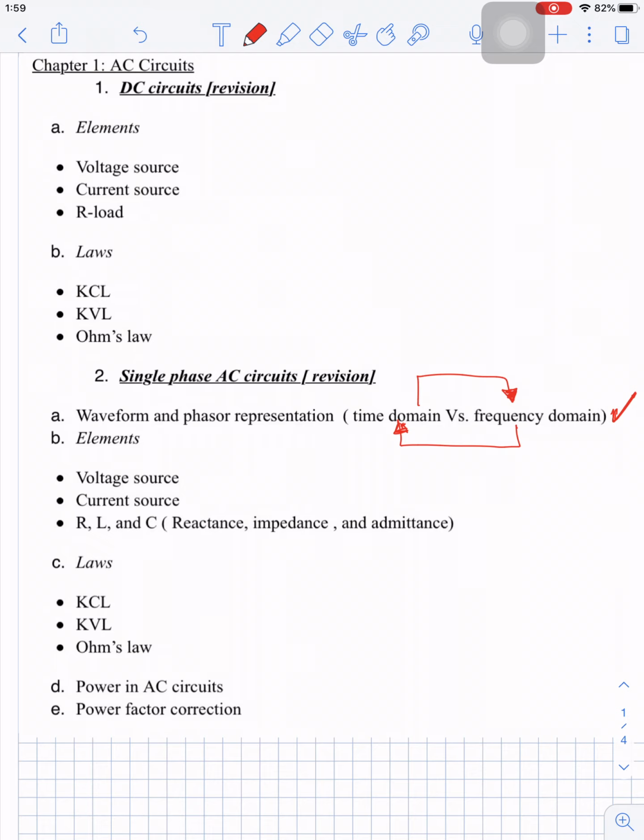Then we studied what the elements in AC circuits are. These elements can be sources, like a voltage source or a current source, or a load, and this load can be resistance, inductance, or capacitance. And we saw how to deal with R, L, and C in AC circuits.